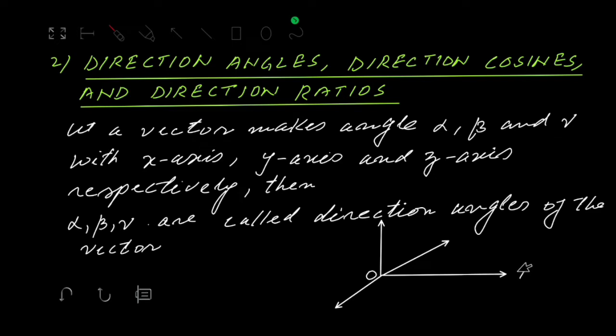Say this is x-axis, y-axis, and this is z-axis, and let OP be a vector in space. So suppose it makes alpha angle with the x-axis and beta angle with the y-axis and gamma angle with z-axis. So these alpha, beta, gamma are called direction angles of the vector OP.